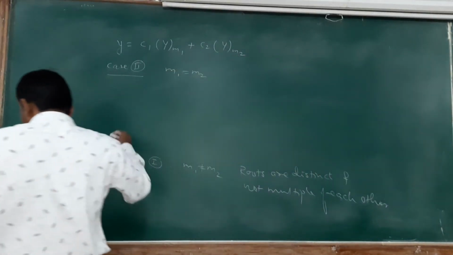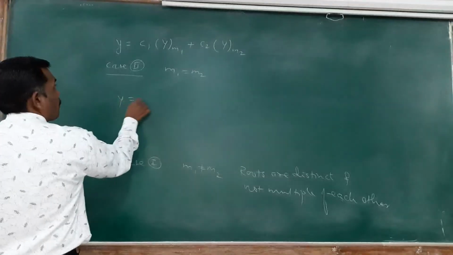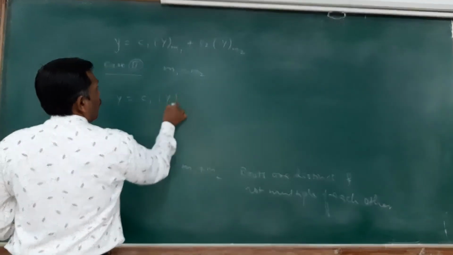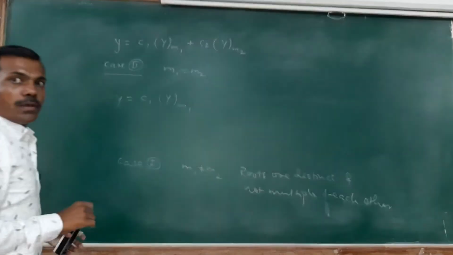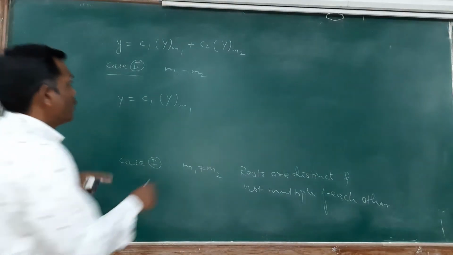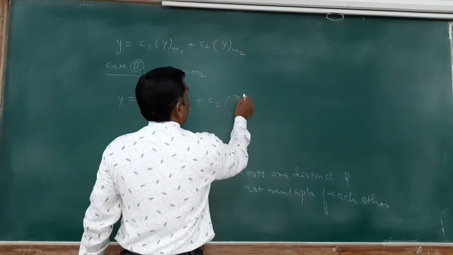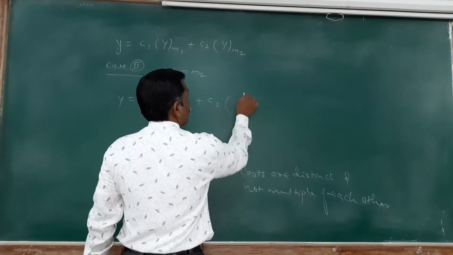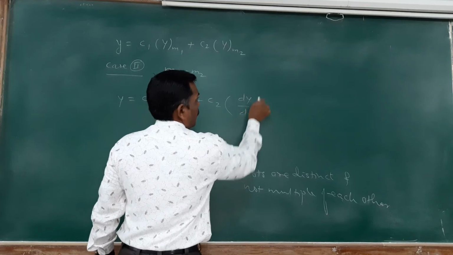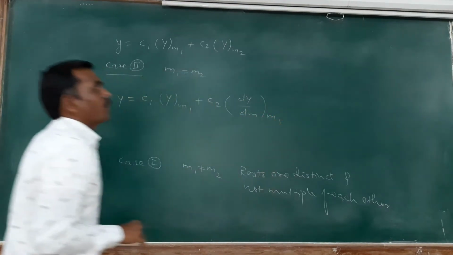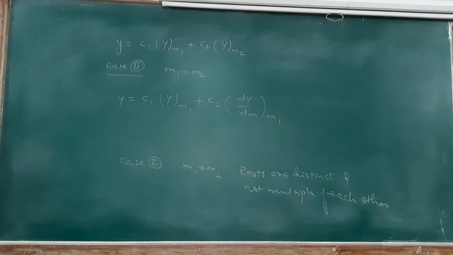Then our solution is y is equal to c1 y at m1 plus c2 times the derivative dy by dm at point m1.